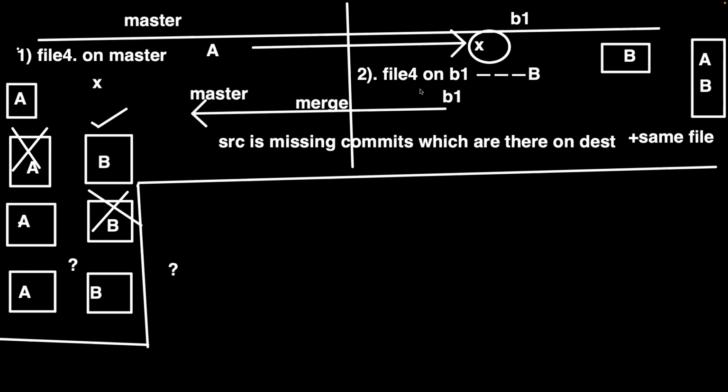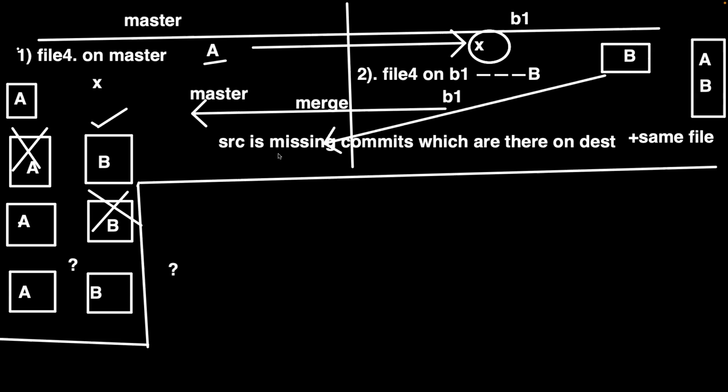Here, if you take file 4, there is a commit called A on the destination which is not there on the source branch. Commit A of file 4 is missing from the source branch, and whenever you merge, you get the conflict.